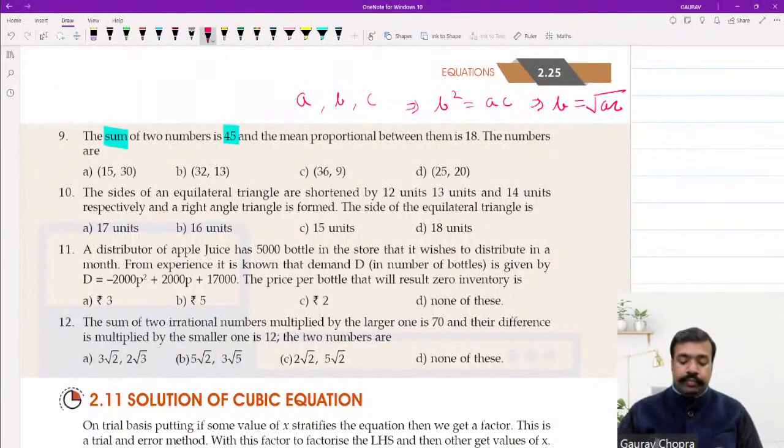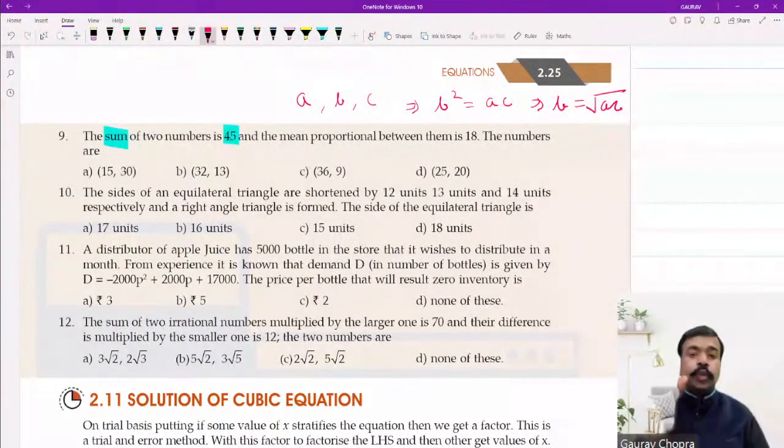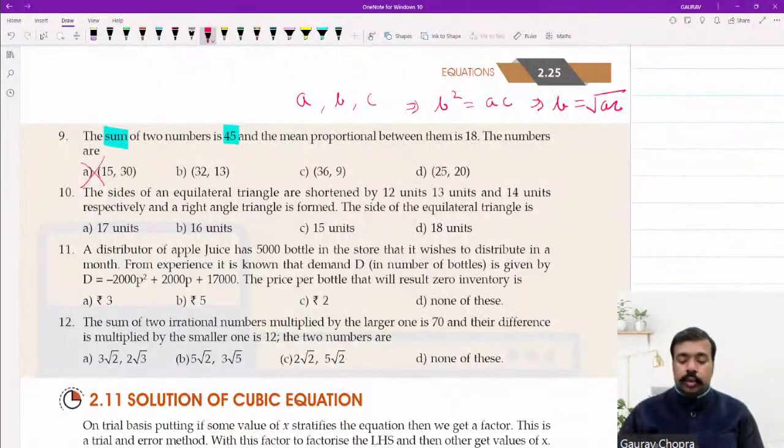So 15 multiplied by 30 is 450, and root of 450 is about 21. It is not 18. Hence, option number A is incorrect. Similarly, we check the second one, 32 into 13, and then root. It is coming 20, again not 18.